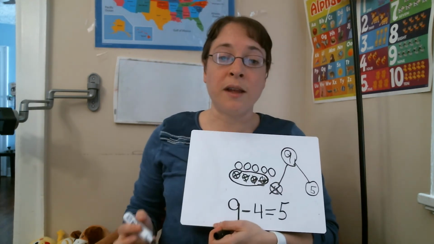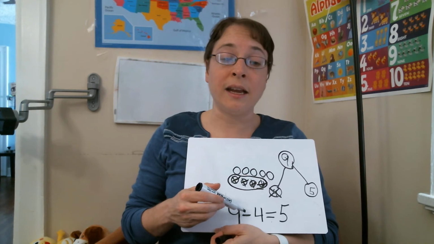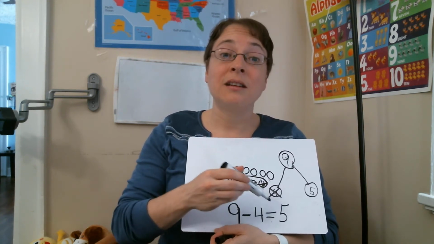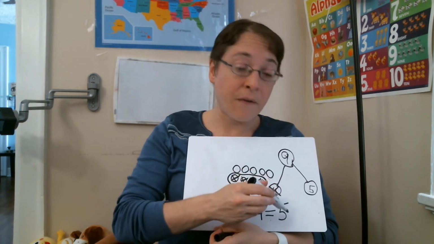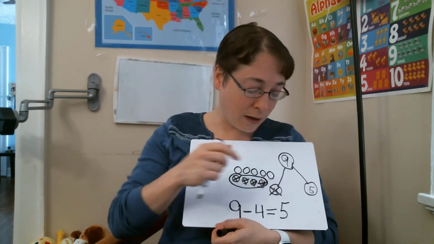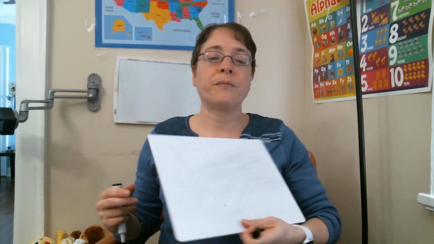So now we can say 9 take away 4 white rocks is 5 rocks. Very good. Okay, very good. And we're going to try one or two more.